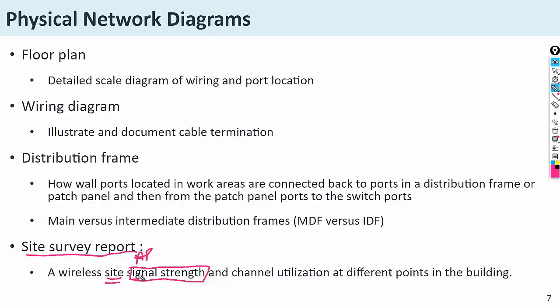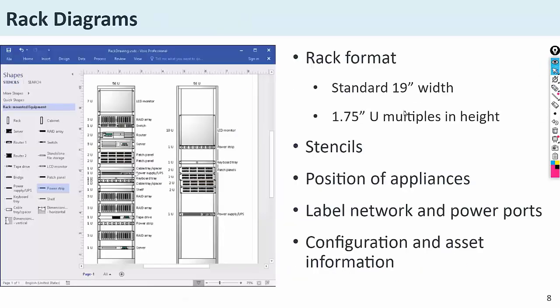So what is the signal strength at the specific location? You will have to do the site survey and generate the report, and all these are part of the physical network diagram. Later on you can create a diagram for this.